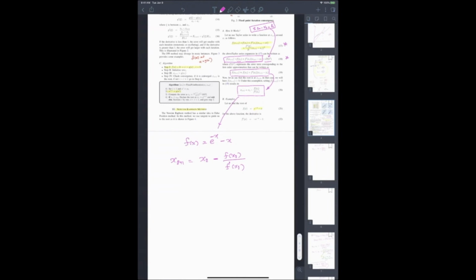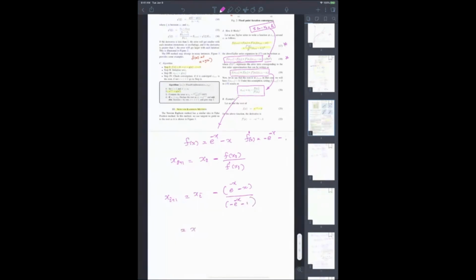Okay, so we need to find f prime(x_i). f prime(x) is minus e to the power minus x, minus 1. So x_{i+1} is x_i minus e to the power minus x over minus e to the power minus x minus 1.